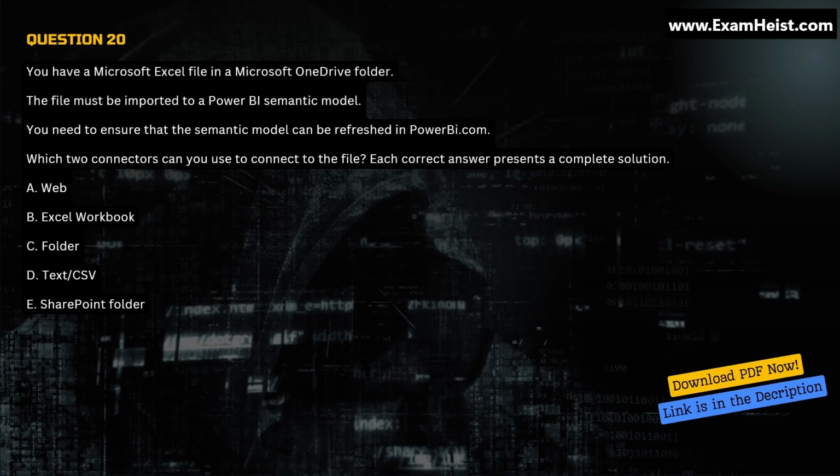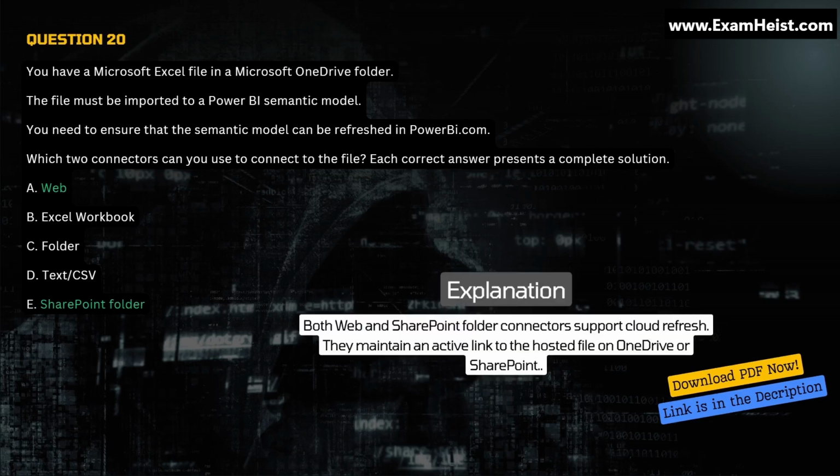A. Web. B. Excel Workbook. C. Folder. D. Text/CSV. E. SharePoint folder. Correct answer is A and E. Explanation. Both Web and SharePoint folder connectors support Cloud Refresh. They maintain an active link to the hosted file on OneDrive or SharePoint.